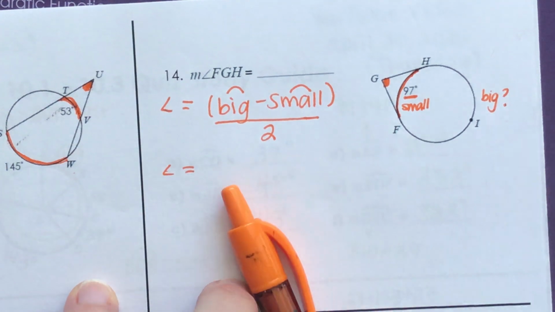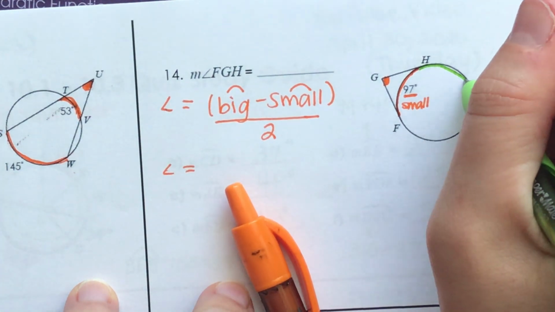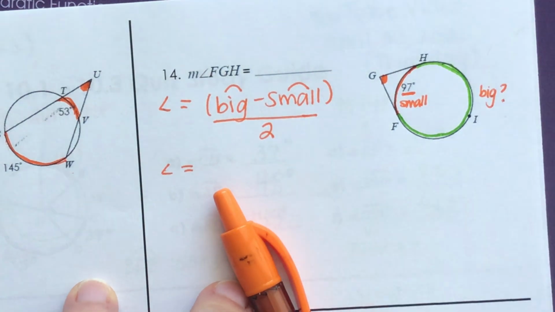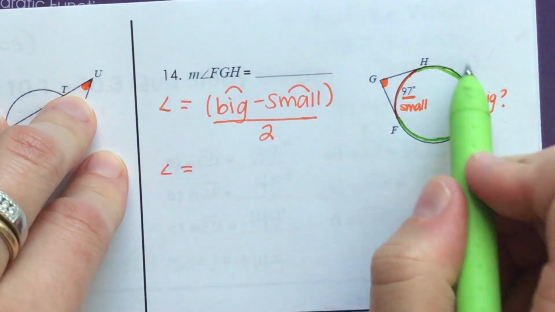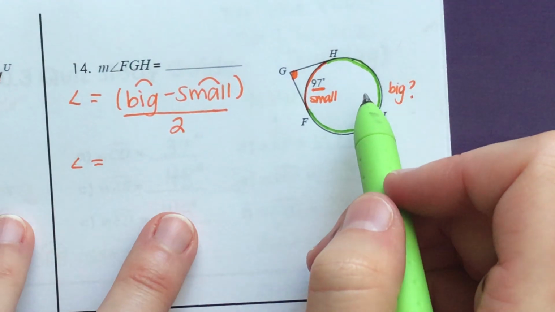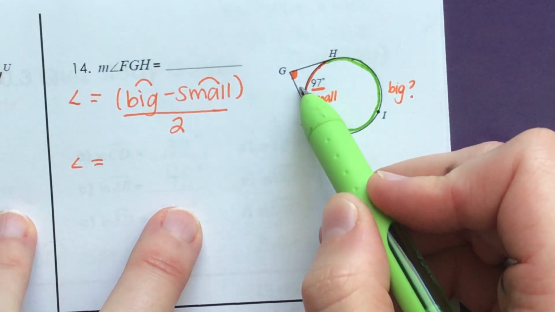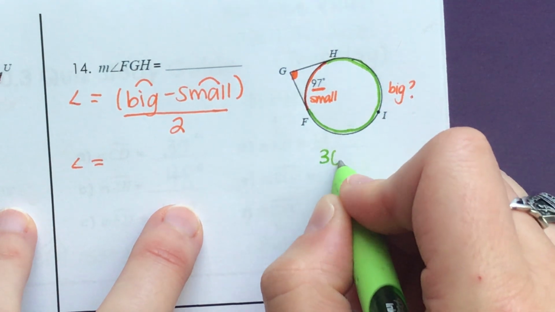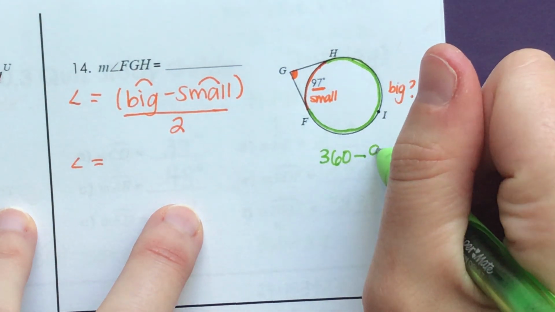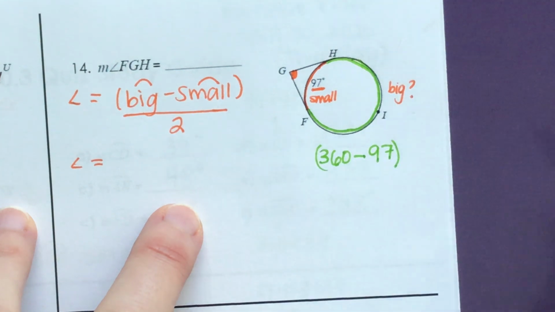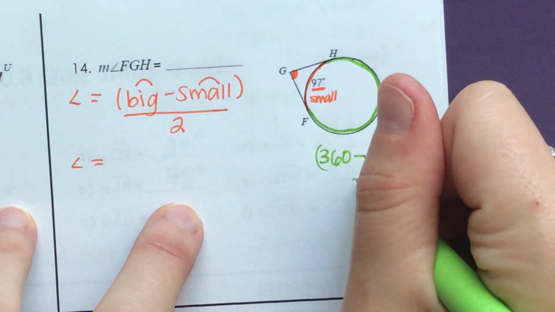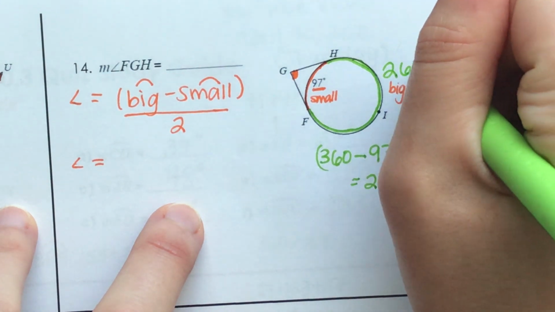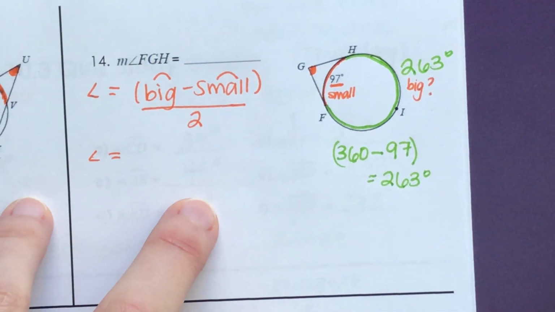In order to figure out this big arc over here, the big one is everything that's left over here in green. So I know the whole thing is 360 degrees. I already have 97 of that 360. So to figure out what's left over in green, I'm going to take 360 and subtract 97. And when I do that, I get 263 degrees. So my big arc is 263.